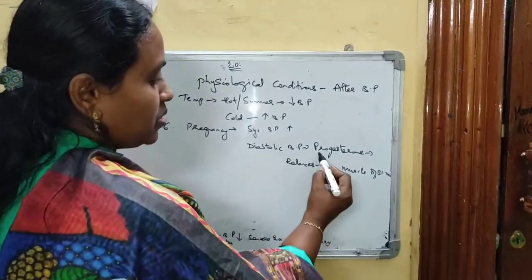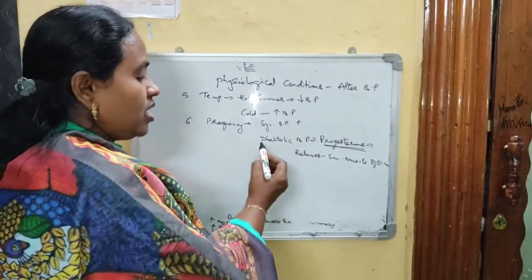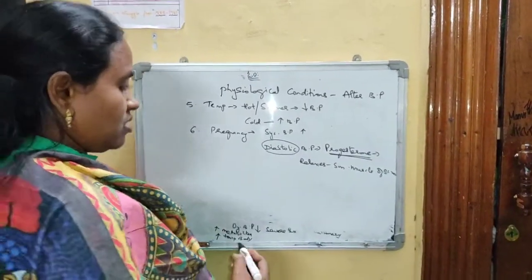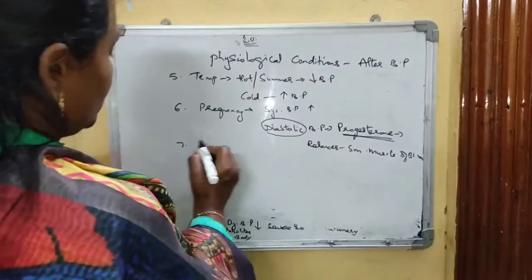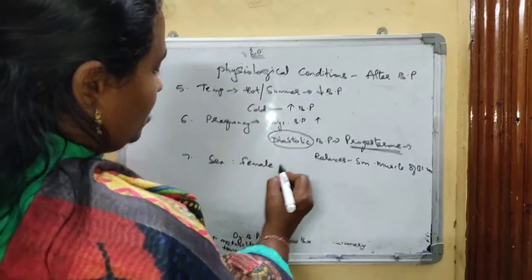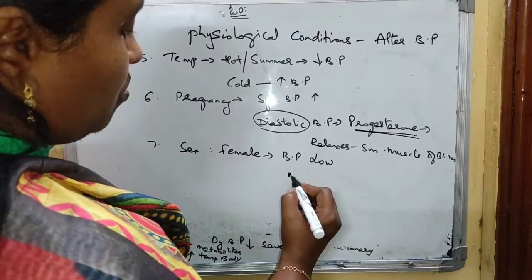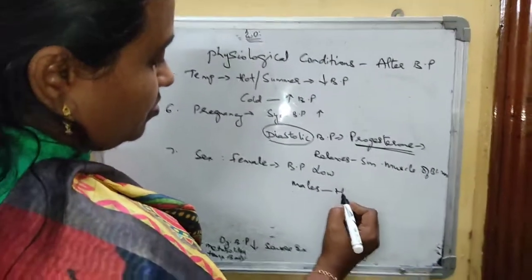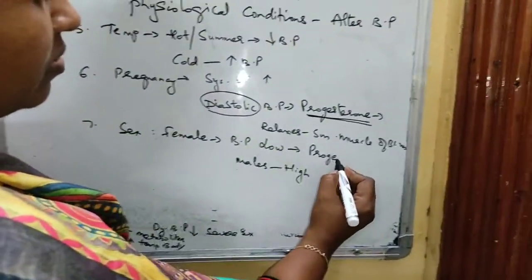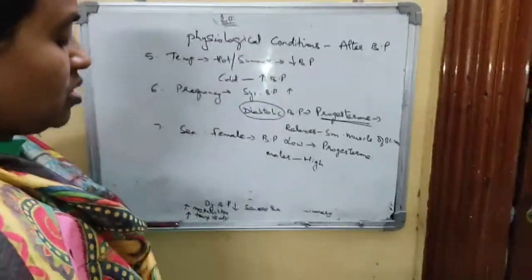So the effect of progesterone is seen on the blood vessels and shows its effect on the diastolic blood pressure. In females, the blood pressure is low when compared to males. Here also the hormone progesterone is said to play an important role.